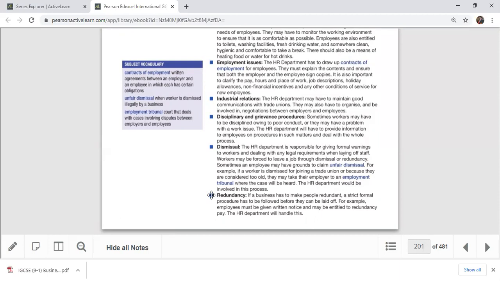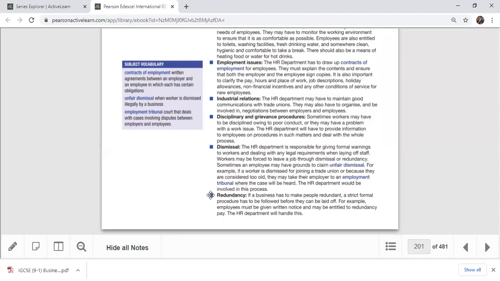As a result, the management or board of directors can make a decision to shut down some department or some factory, completely or temporarily. Then we can make them redundant. You can see during COVID-19, a lot of airlines did redundancies. But if you make workers redundant, you have to pay them a redundancy payment. This is also important, because you can't just tell them to go home.